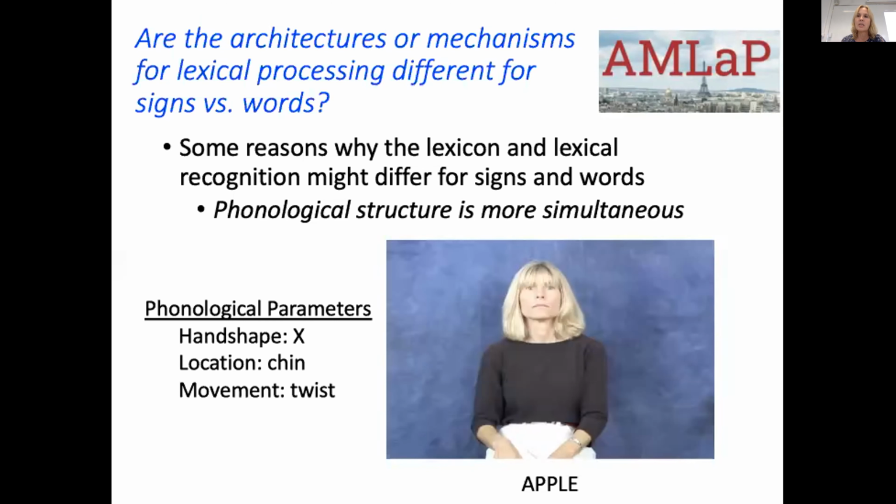You can see there's an X hand shape, the location is at the chin, the movement is a twisting movement. All of these things happen at the same time. So does this have consequences, for example, for how phonological neighbors might compete, or how phonological representations and sublexical components are processed?